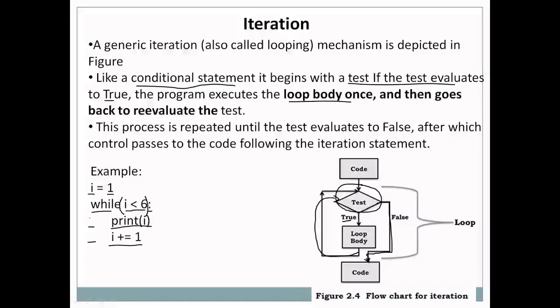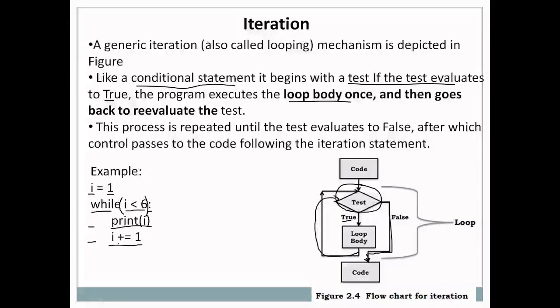As I've told you, there are no flower brackets open and close in Python. The blocks of statements are always created by using indents in Python. So the statements inside the while loop are indented to the right. We have the statement print i and the next statement i += 1, which is equivalent to i = i + 1.